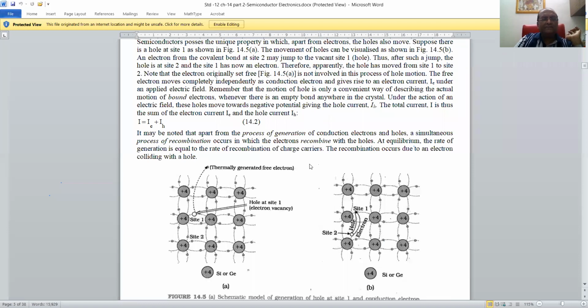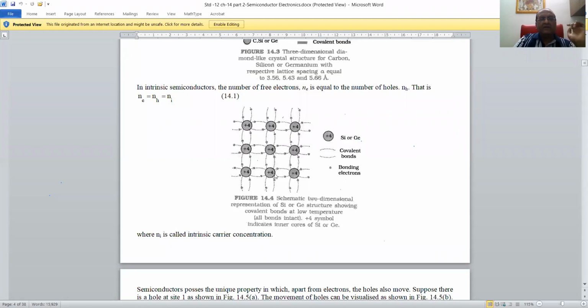Now see here, અહીંયા જે આપણને લખ્યું છે કે નંબર ડેન્સિટી ઓફ ઇલેક્ટ્રોન્સ, નંબર ડેન્સિટી ઓફ હોલ્સ એન્ડ નંબર ડેન્સિટી ઓફ ઇન્ટ્રિન્સિક કેરિયર કોન્સન્ટ્રેશન. ઓકે, તો અહીંયા કેવું હોય, માનો કે એક ઇલેક્ટ્રોન ફ્રી થયો તો એક કોવેલેન્ટ બોન્ડ તૂટ્યો, એક ઇલેક્ટ્રોન ફ્રી થયો તો એક હોલનું ફોર્મેશન થયું. હવે જે ફ્રી ઇલેક્ટ્રોન થયો એ કન્ડક્શન પ્રોસેસમાં પાર્ટિસિપેટ કરશે, પણ સામે જે હોલ જનરેટ થયો છે ને એ પણ એક ઇમ્પોર્ટન્ટ રોલ પ્લે કરે છે કન્ડક્શન પ્રોસેસની અંદર.